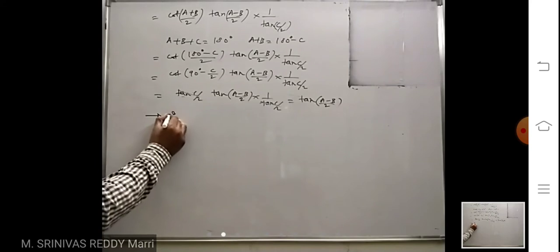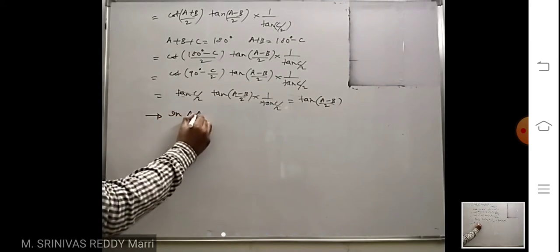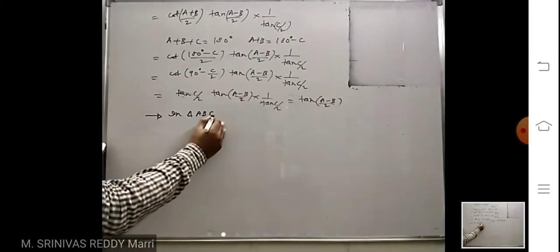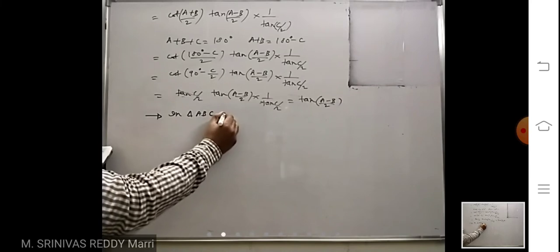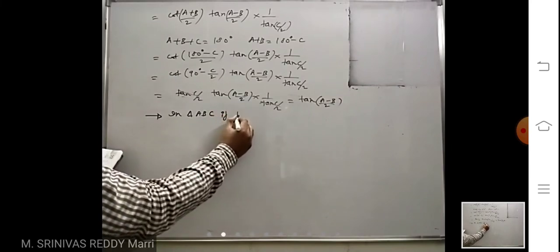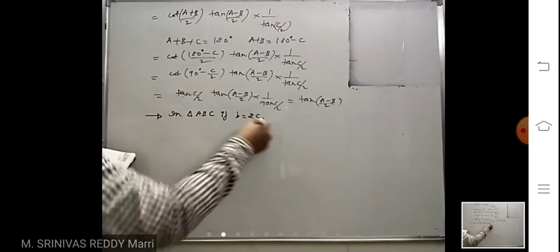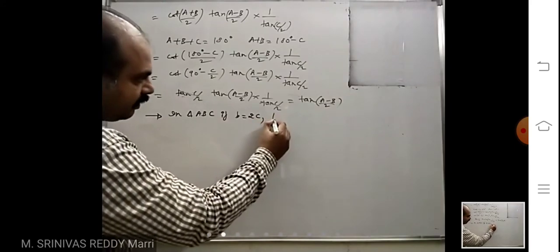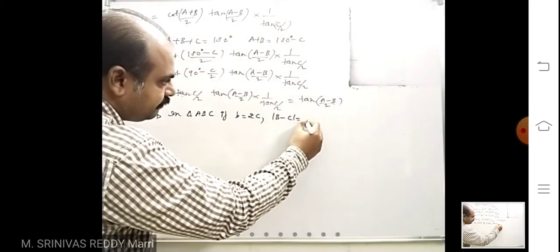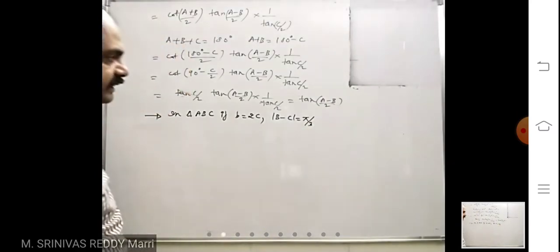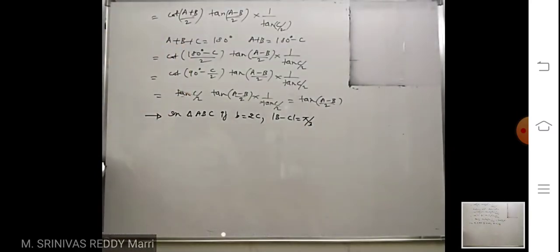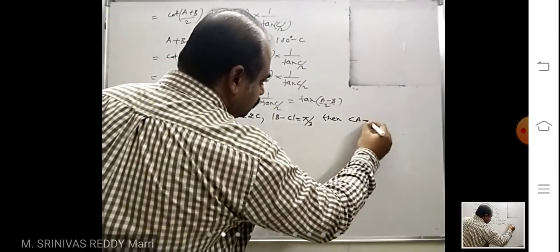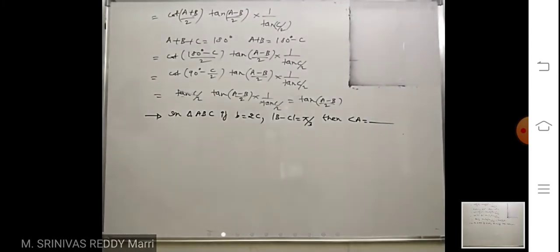In triangle ABC, given that B equal to 2C, small b equal to 2 small c, modulus B minus C equal to pi by 3. Then angle A equals dash.